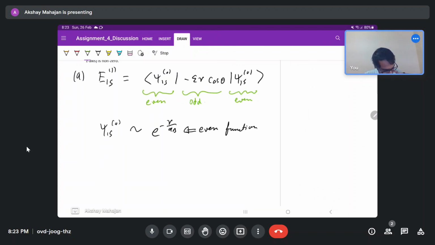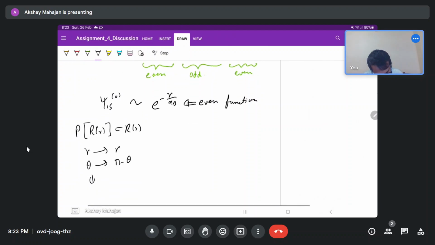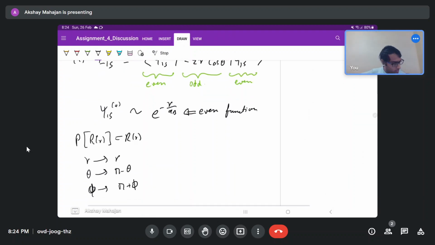If you apply the parity operation, then r goes to r, theta goes to pi minus theta, and phi goes to pi plus phi. By this you can understand how the integrations are going to be.